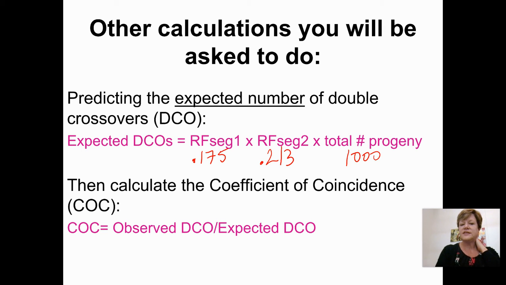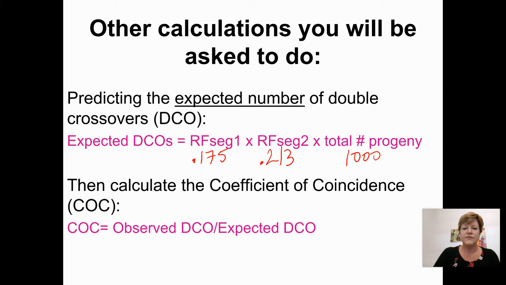So if the recombination frequency, the frequency of crossover in segment 1, is 17.5%, meaning 17.5% of meiosis have a crossover in that region, and that's what we measured in data we've already observed, we would predict that rate would continue into the future. So the recombination frequency becomes the recombination probability in the future.